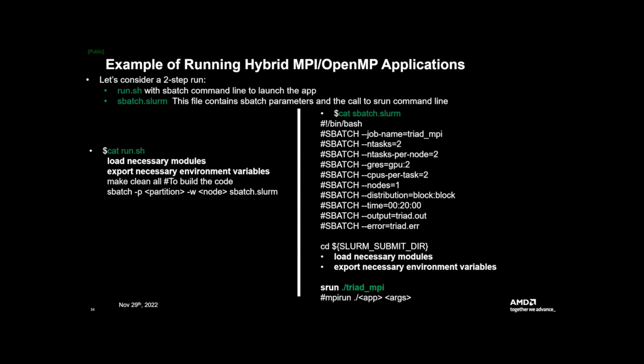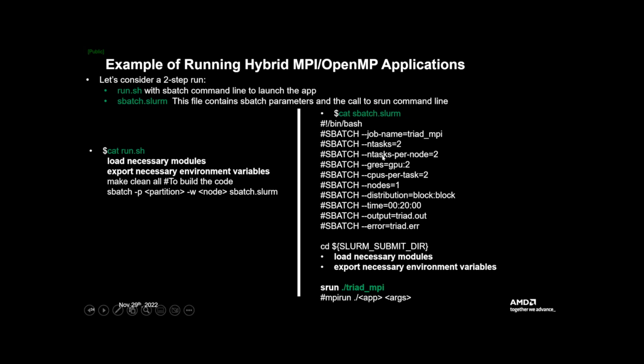So when you have a system like that, you might need to consider a two-step run, for example, two levels of script. A high-level script where you build your code, you allocate a partition, maybe one node or multiple nodes, and you submit the job. The job submission here is done via sbatch.slurm. And what is inside sbatch.slurm? That is what we have.